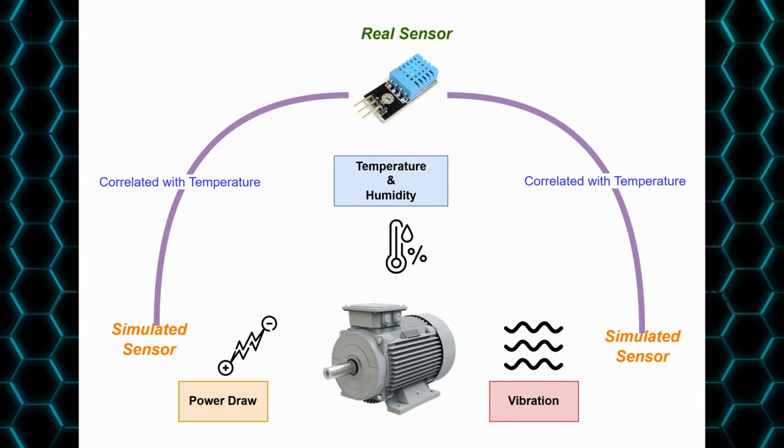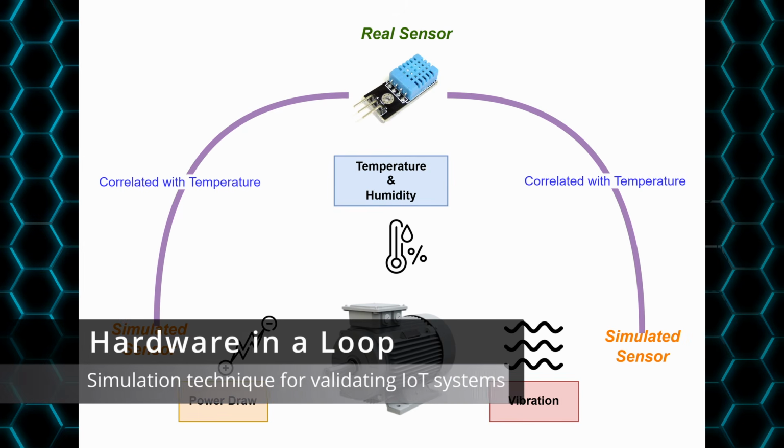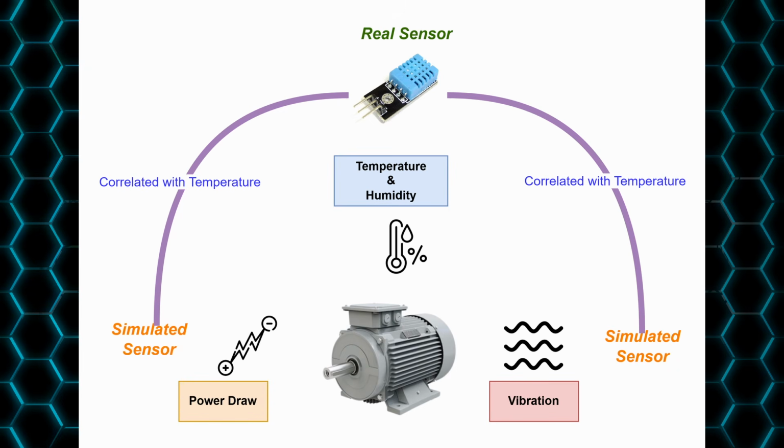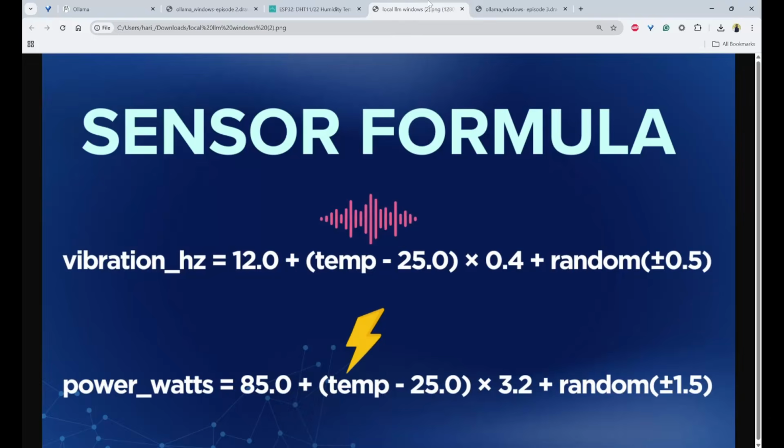The reason why we are using this hybrid sensor strategy is that this is hardware-in-the-loop simulation. Engineers use it constantly when physical sensors aren't available but the control logic needs to be tested, so we are doing it legitimately and we'll label it clearly in the firmware as well. If you can see, the vibration is directly correlated with temperature here, and this is how vibration will be affected when the temperature is raised.